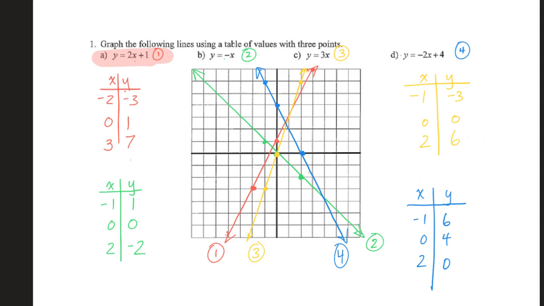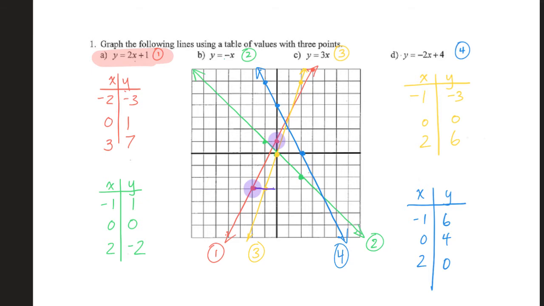To find my slope, I need to figure out how I move from point to point on that line. So maybe I use the points in my table. Maybe I select this first red point, and then I select another red point, like maybe that one. I know the location of those points. Now I'm going to figure out the slope as I move from point to point.